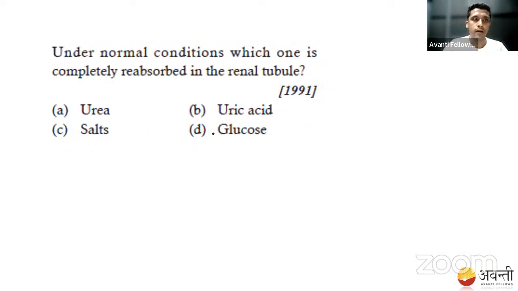Okay, fine. So we have our next question. Under normal conditions, which one of the following is completely reabsorbed in the renal tubule? Our options are urea, uric acid, salts, and glucose. I'll relaunch the poll again. Yes, your polls are live.